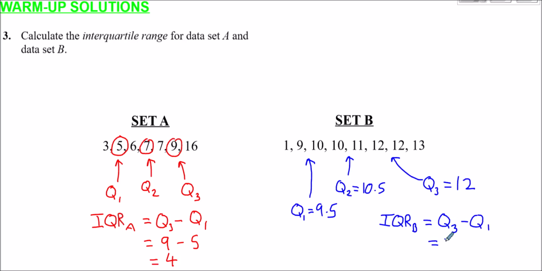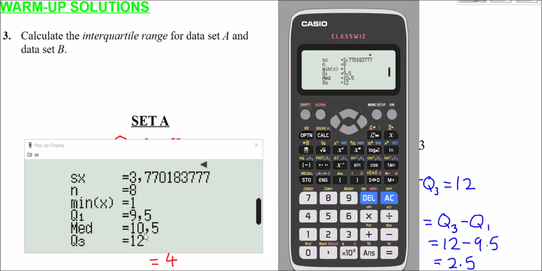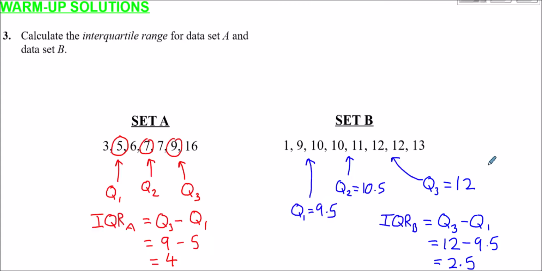So in our case, that's 12 minus 9.5, and that's going to be 2.5. And again, you could check this on a calculator if you wanted, or just using what we had from before. You can see here, for dataset B, Q3 was 12, Q1 was 9.5. 12 take 9.5 is 2.5.